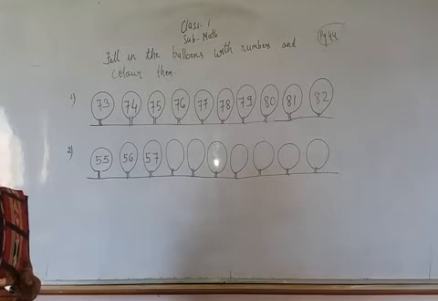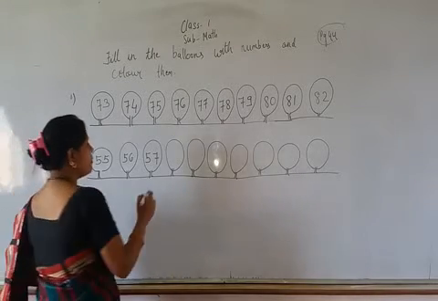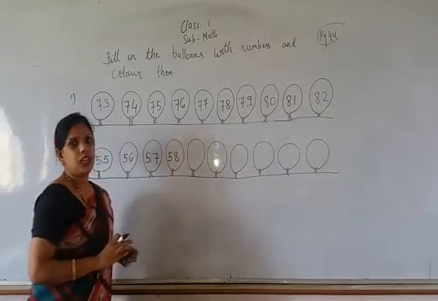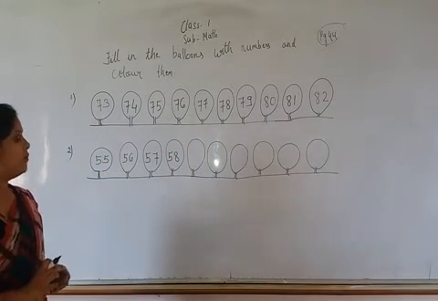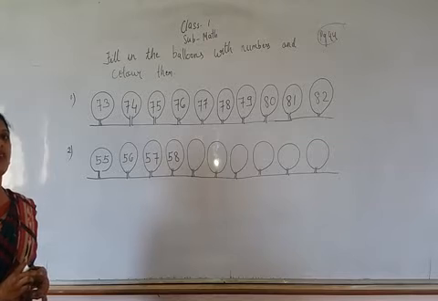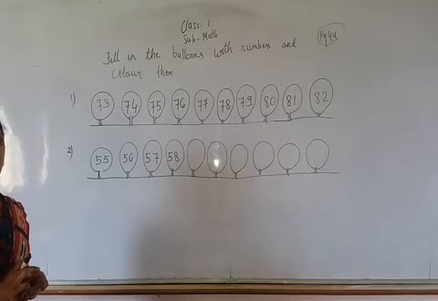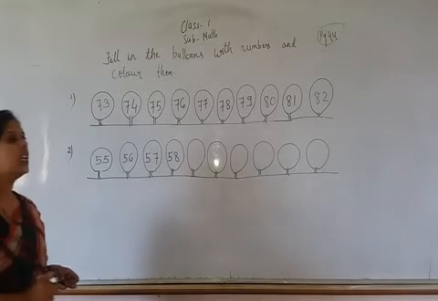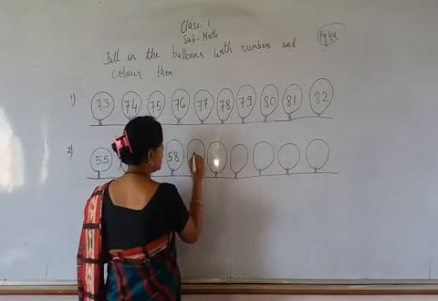Okay. Now which number will come after 57? 58. The number that comes after 57 is 58. Now which number will come after 58? The number that comes after 58 is 59.